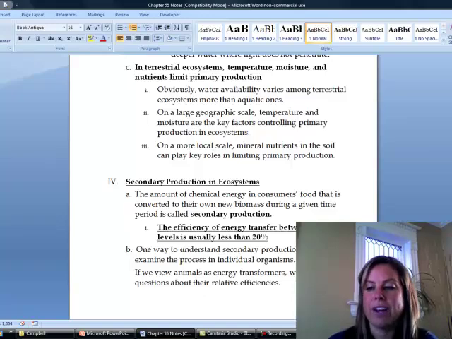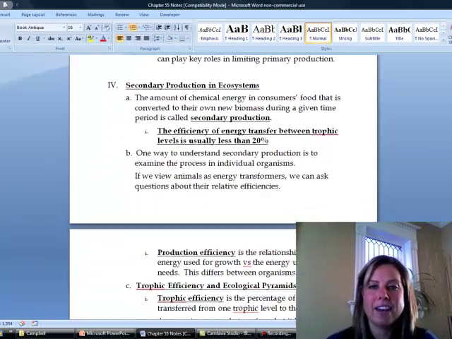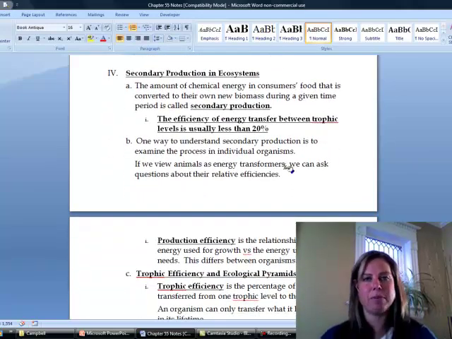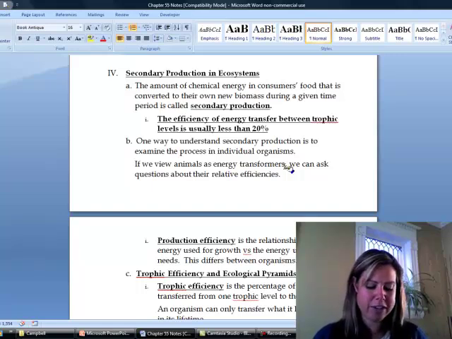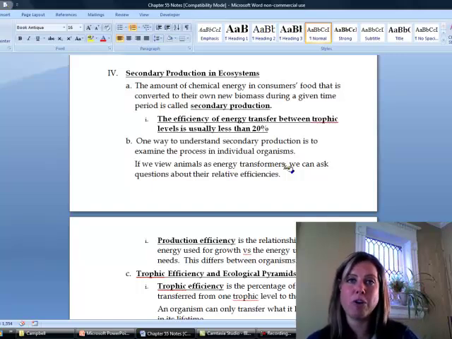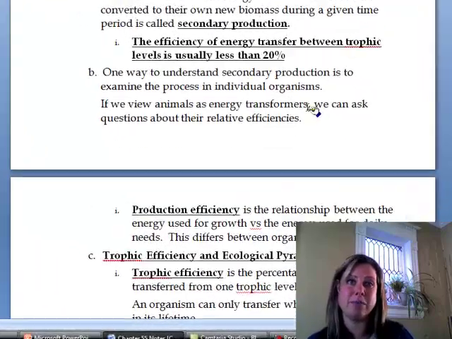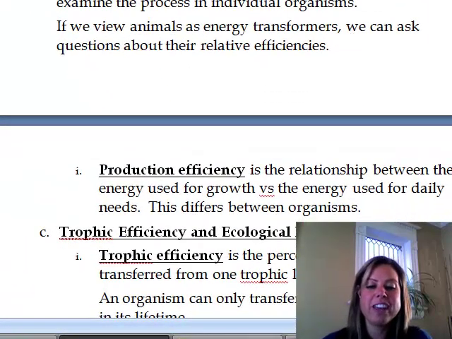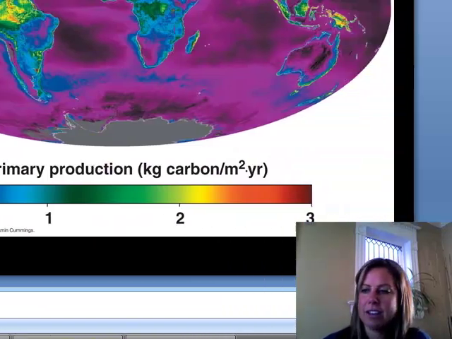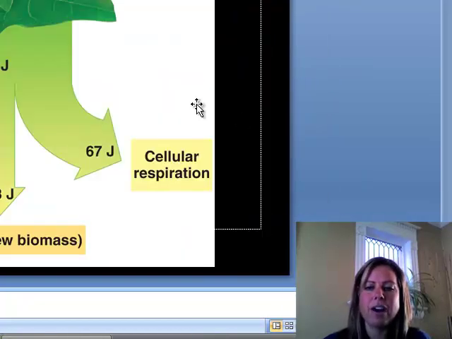Now, another thing we need to talk about is secondary production. Secondary production is how much of those calories of food that you eat get converted into your own biomass, so how much of that energy actually stays with your body. It's really interesting to think about, and this picture helps you see what we're talking about.